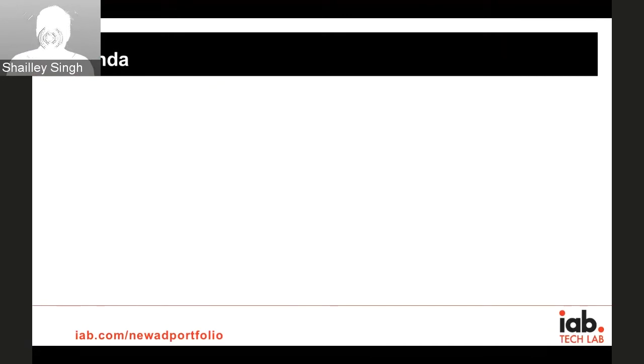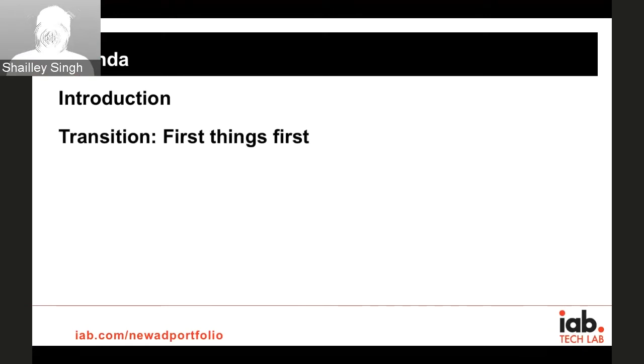Based on that, the agenda today is, of course, the introductions, which I'm going through right now, and I will introduce the speakers as part of that, and a little bit about IAB Tech Lab. Then the first thing we wanted to address was the transition period. We know that in the whole ad tech ecosystem there are multiple components. There's the publisher sites to start with.